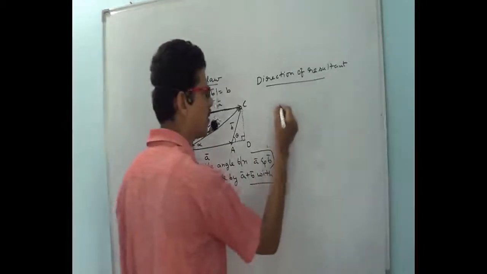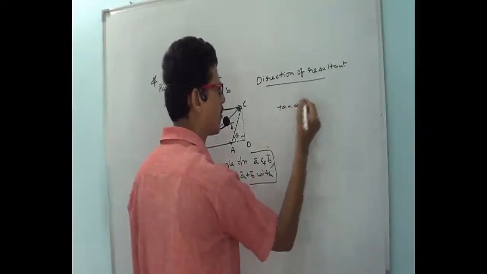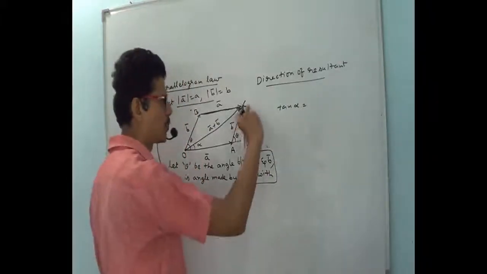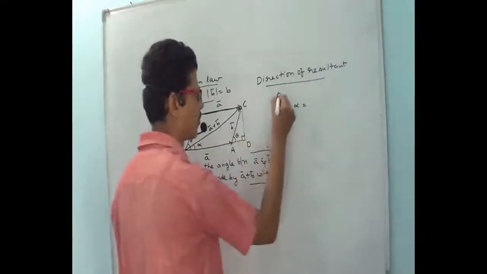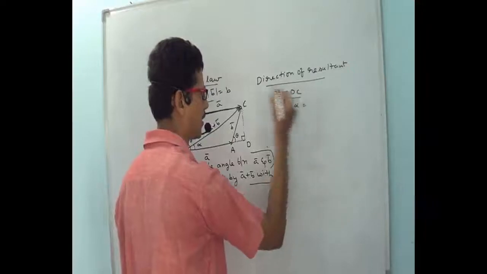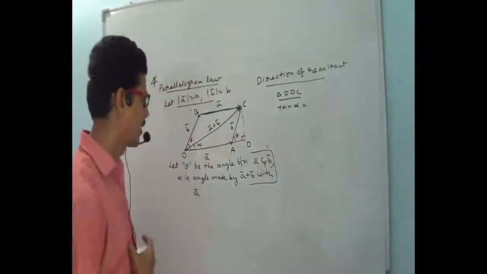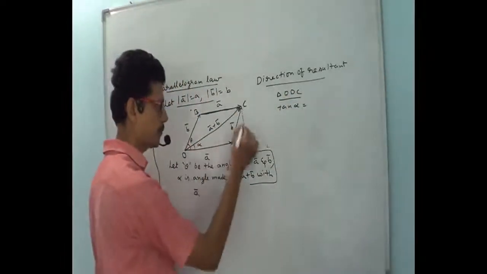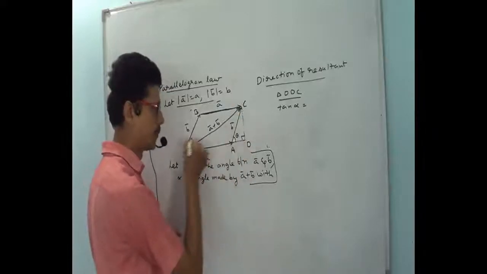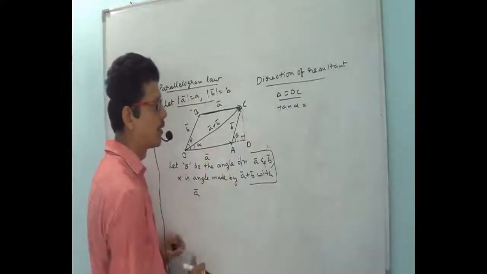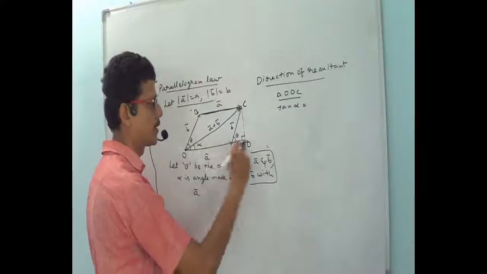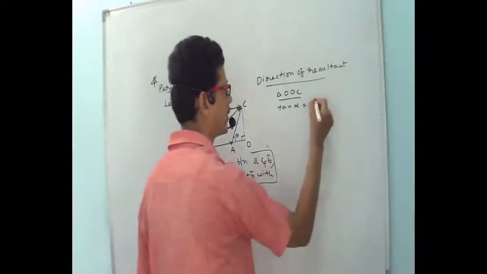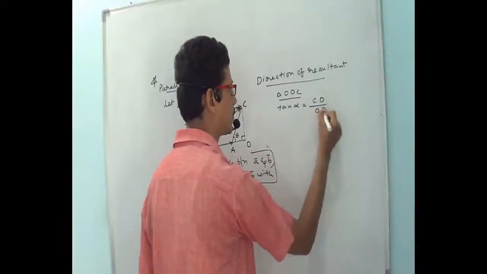This is tan alpha. Tan alpha is equal to opposite side by adjacent side. What is this triangle? ODC, a right angle triangle, this big triangle, are you seeing? Opposite side is CD, adjacent side is OD.